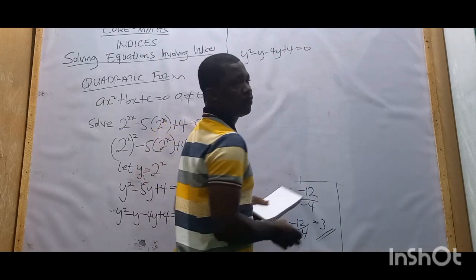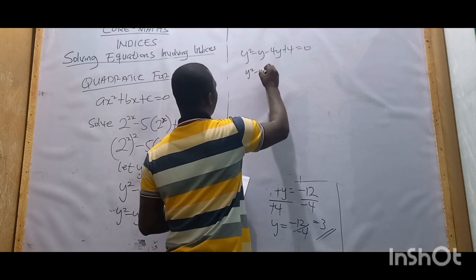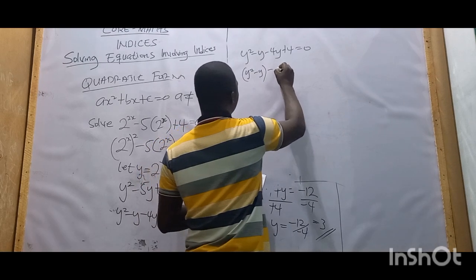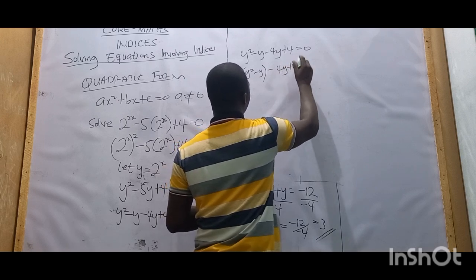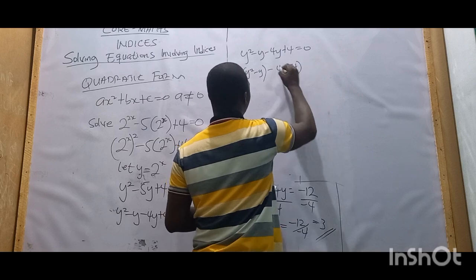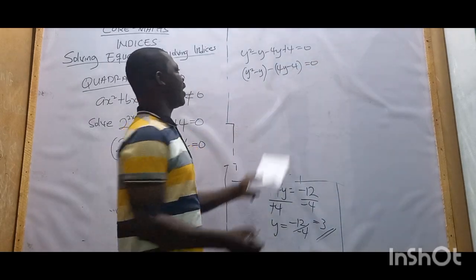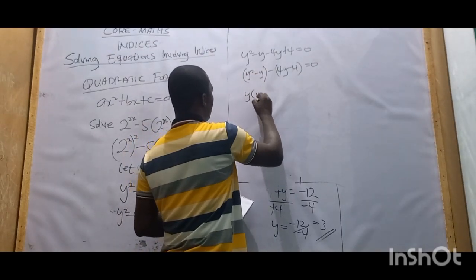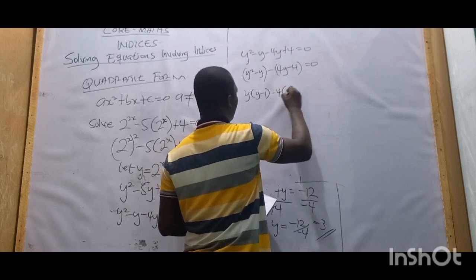Right, so let's group like terms. I'll now pick the common factor out. The common factor here will be y, and the common factor here will be 4.